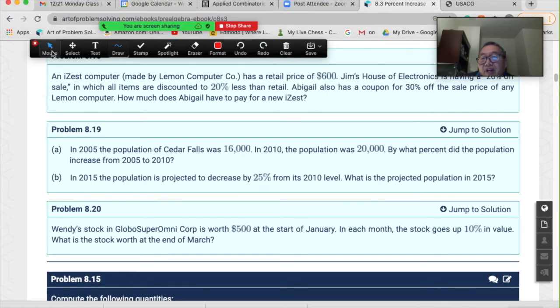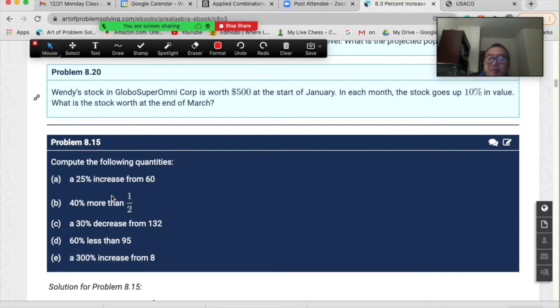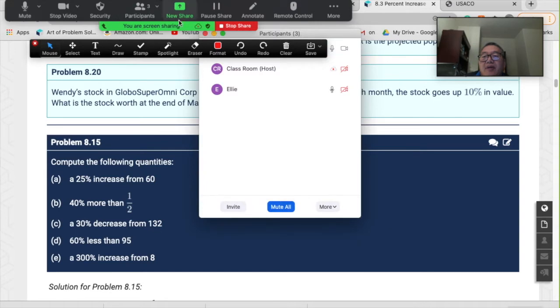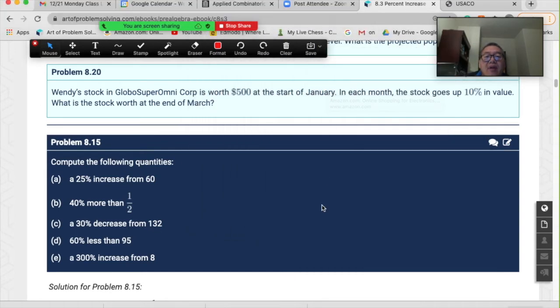Can you read this problem? Wendy's stock in Global Super Omni Corp is worth $500 at the start of January. In each month, the stock goes up 10% in value.